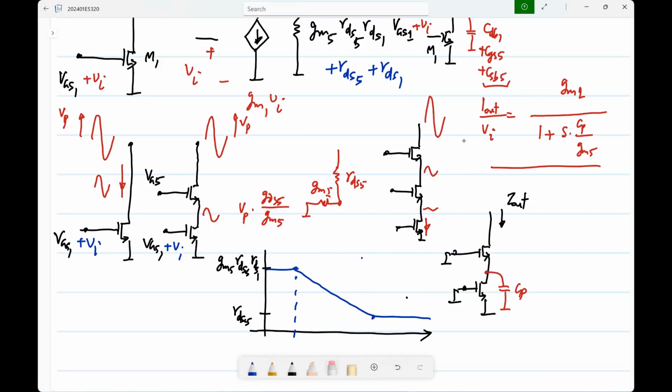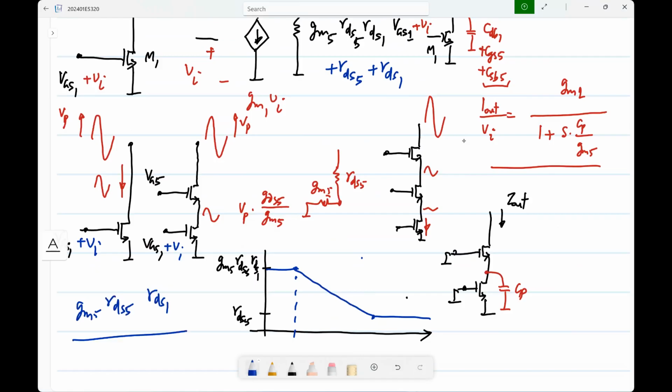Why is it GM5 by CP? We know the expression for the output impedance at DC. I just had to modify it for AC. I have GM5, RDS5, RDS1.